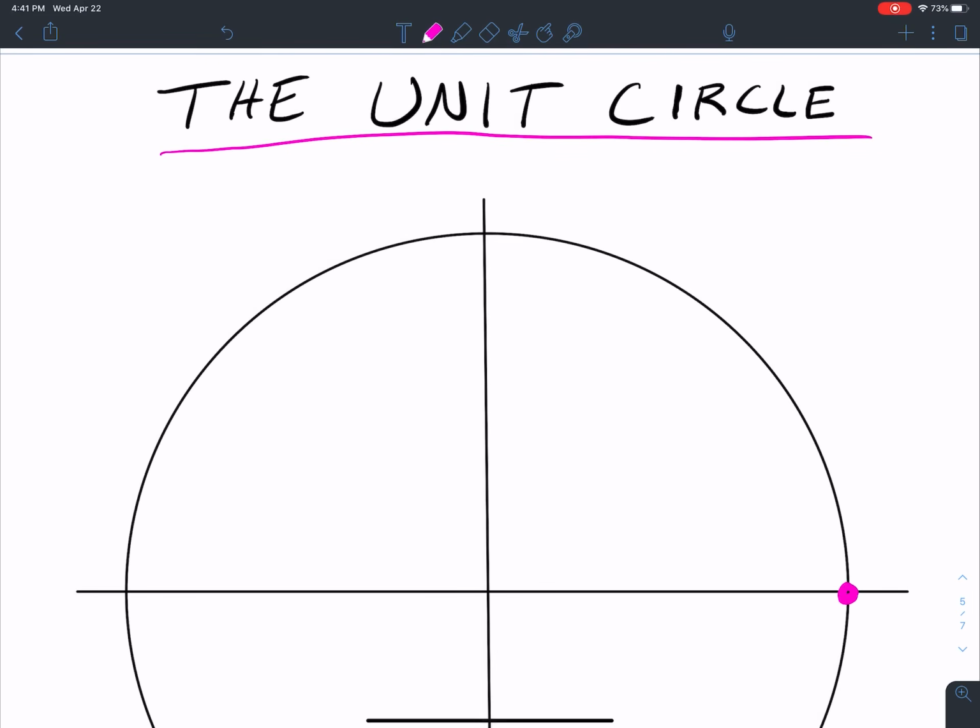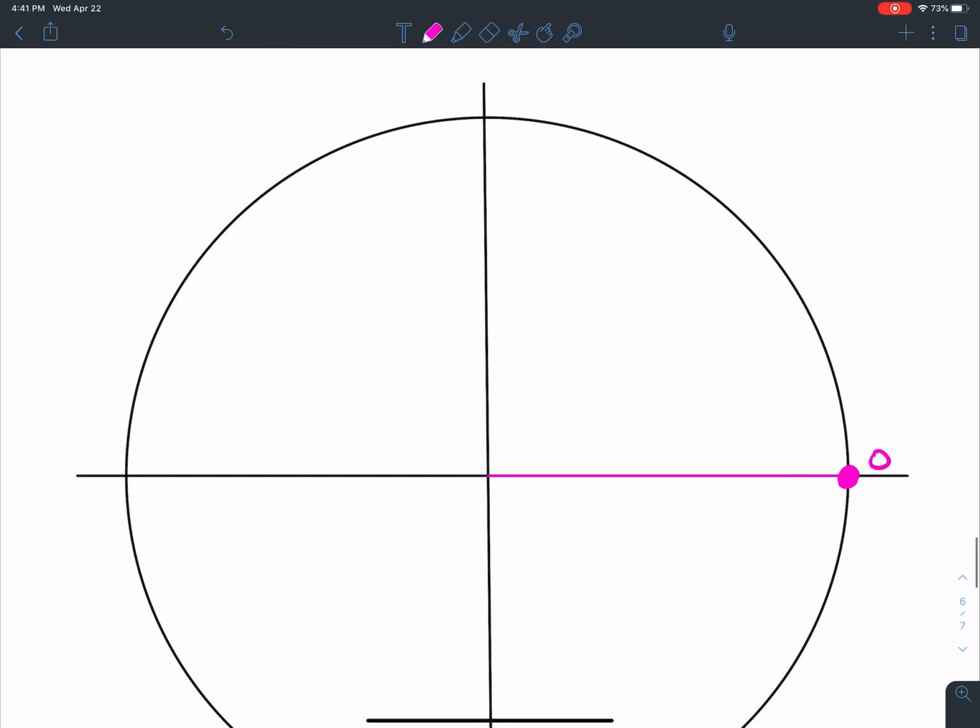So obviously this one here, this is our angle of 0. Okay, so that's our 0 angle. And if I rotate all the way around the circle, I get back to 2 pi.